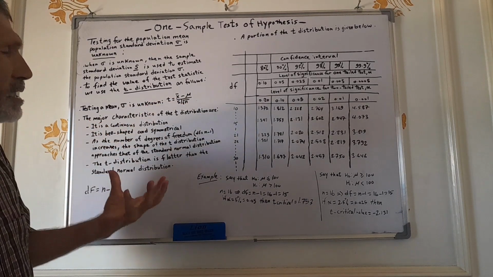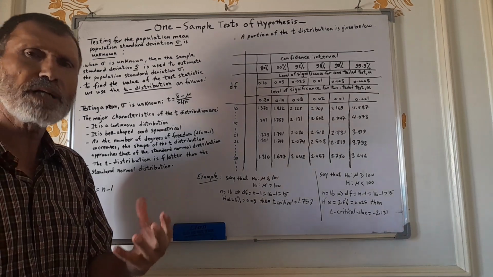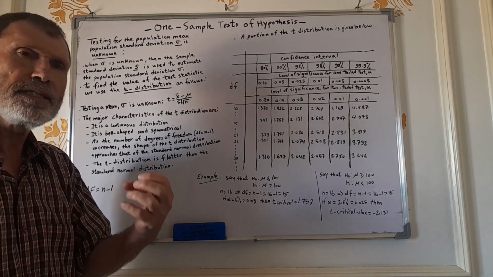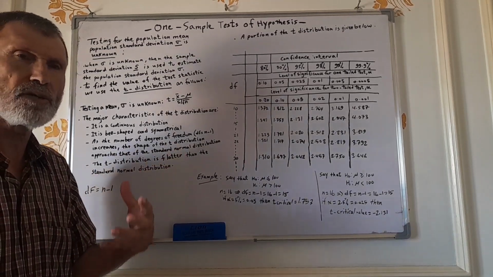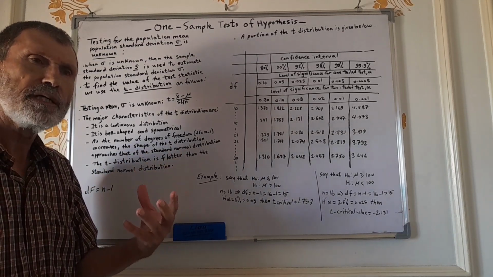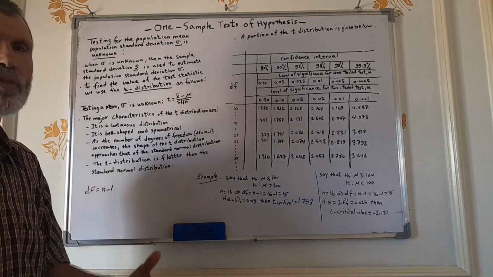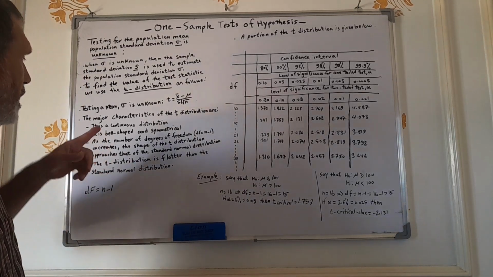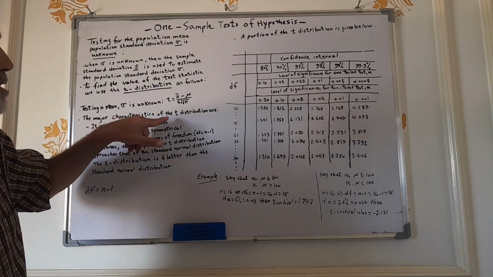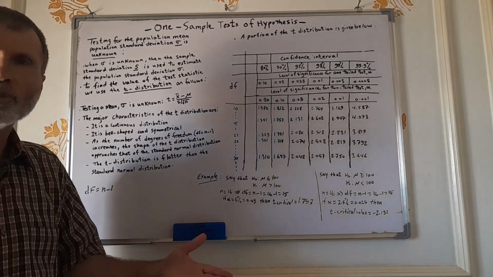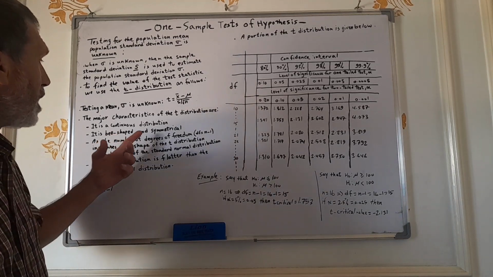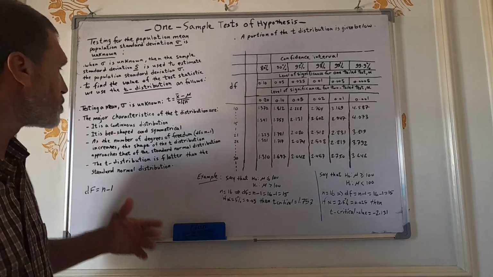Of course, the t distribution has almost the same characteristics as the standard normal distribution. The major characteristics of the t distribution are: it is a continuous distribution like the normal distribution. It is bell-shaped and symmetrical like the normal distribution.